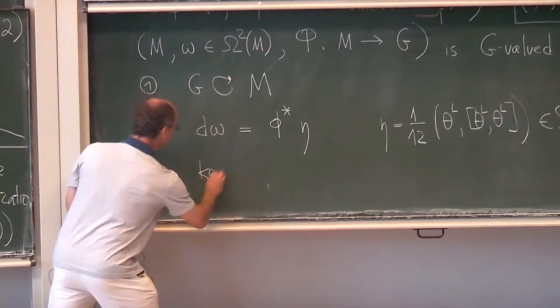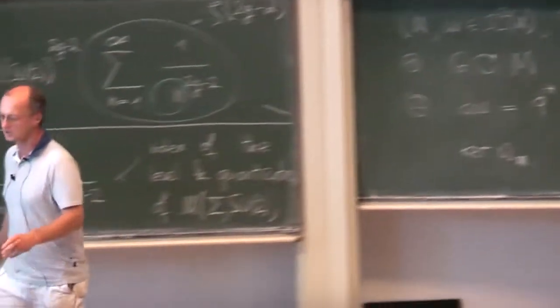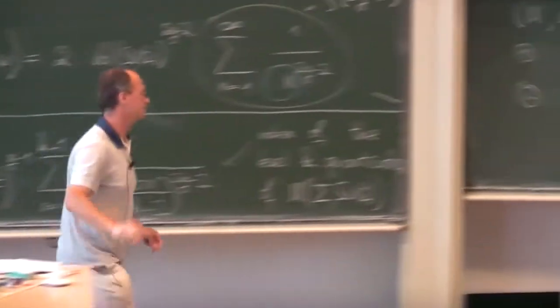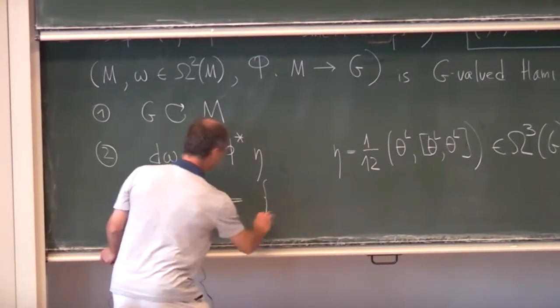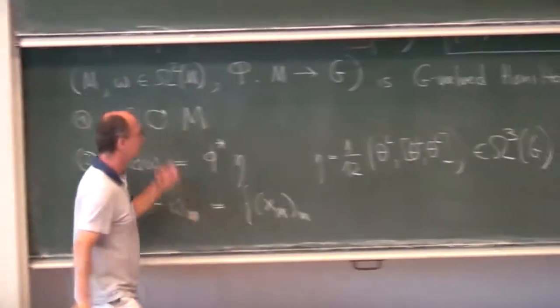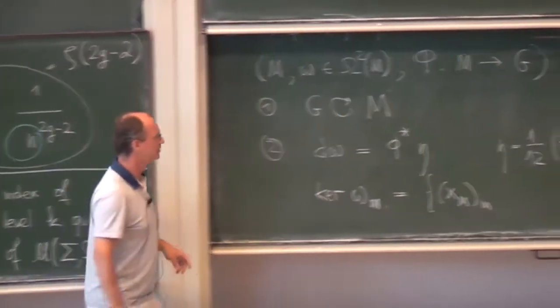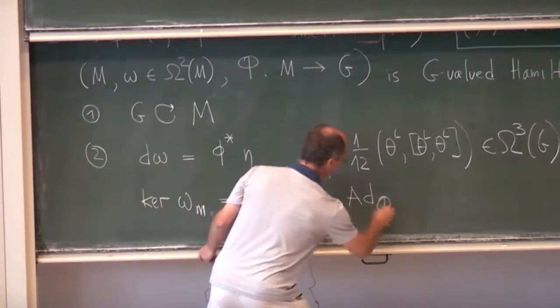Now also, omega will have a kernel. We'll see that it will create some problems for us in the immediate future. So this kernel consists of values of fundamental vector fields which satisfy the following funny equation.